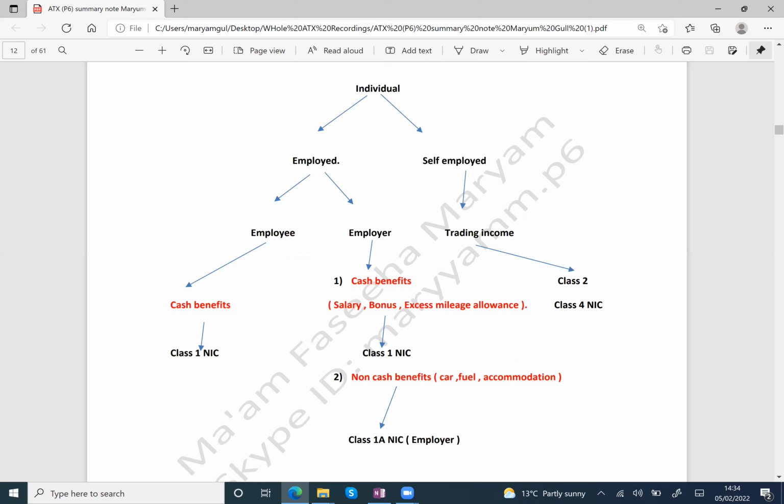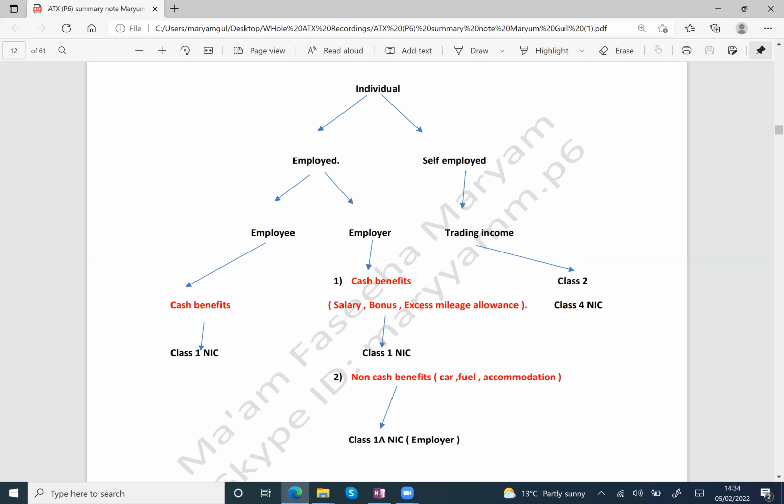When you run your own business, which income will you earn? Trading income. So when you are self-employed, you will earn trading income from your business.